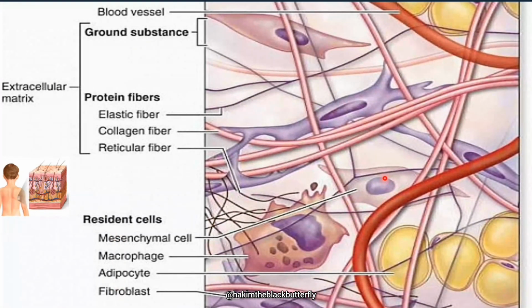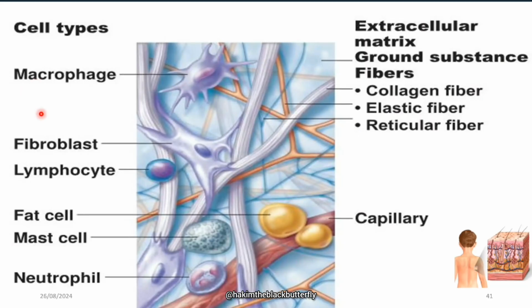Around the cells we have the extracellular matrix, made up of a thick gel-like fluid containing the protein fibers. That's how connective tissues are generally structured. And the cells include the white blood cells: macrophages, lymphocytes, neutrophils. All those are white blood cells.